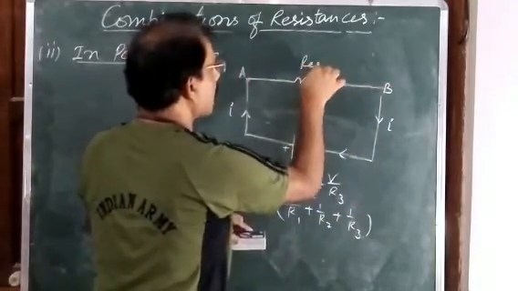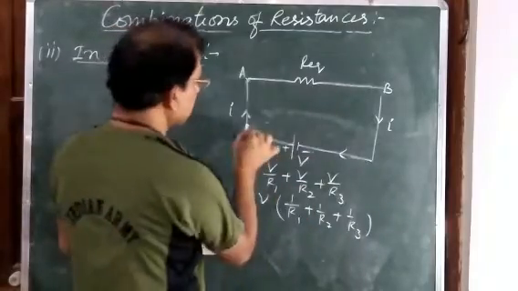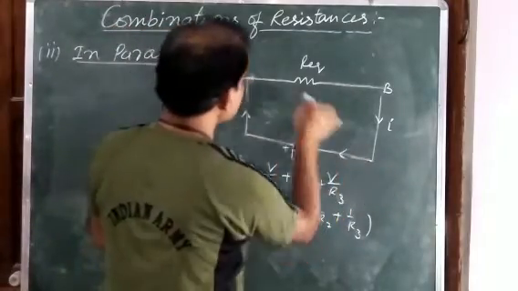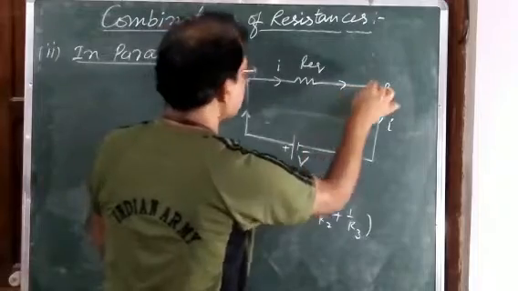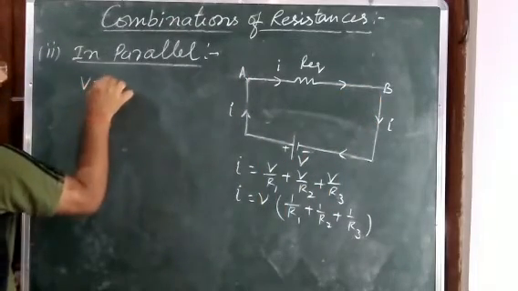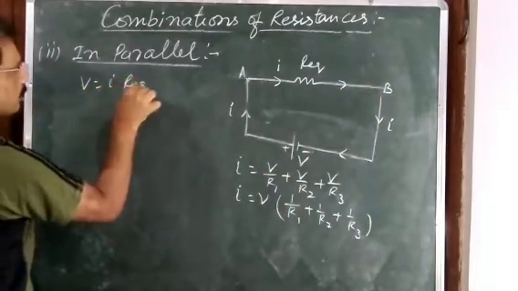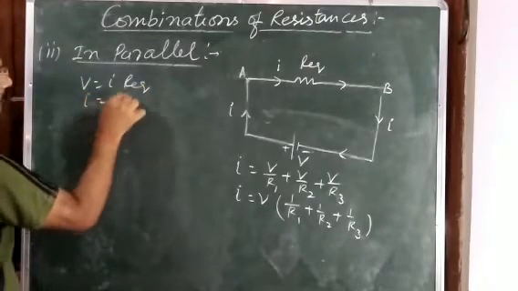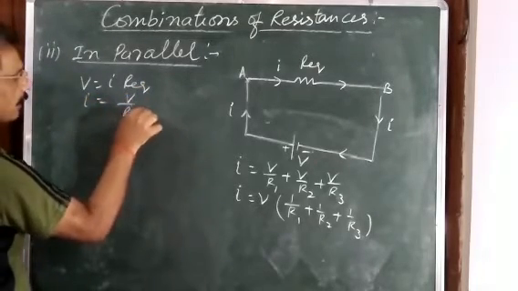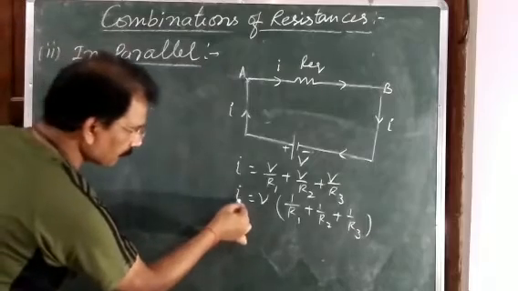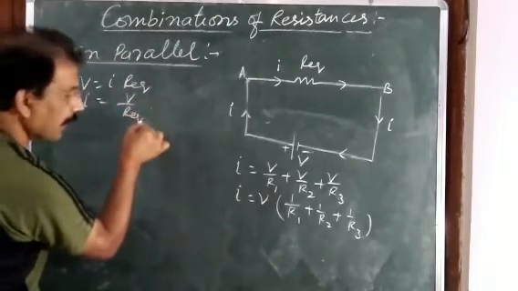And suppose this one is R equivalent, current I, potential difference V, the same current I will come now. So we can write V is equal to I into R equivalent. I is equal to V upon R equivalent. Now in place of this I here, we can write V upon R equivalent.